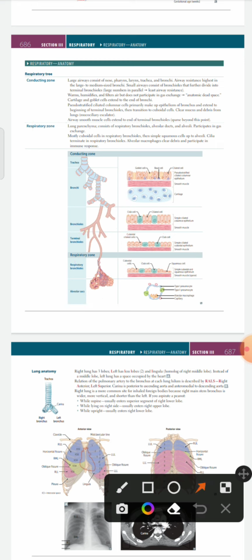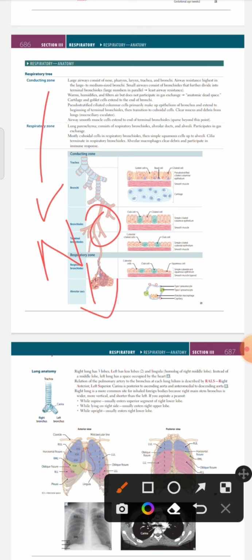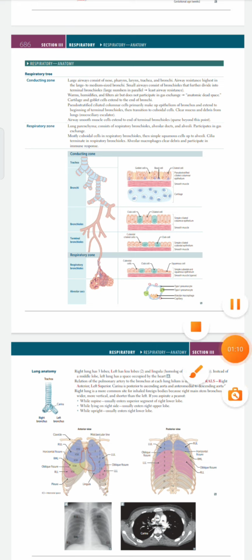So the conducting portion starts from the nose and ends at the terminal bronchioles. So let's discuss in detail the conducting portion of the respiratory system.